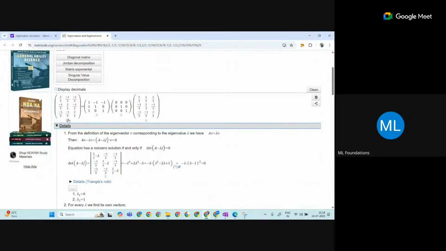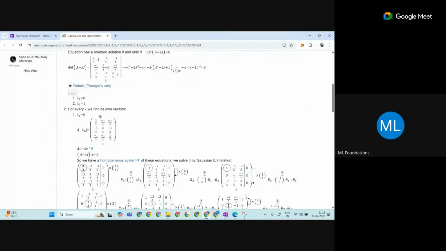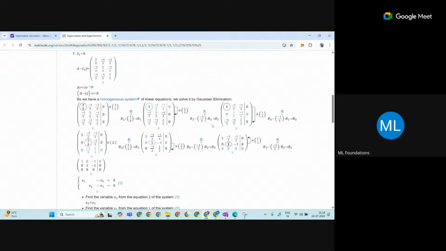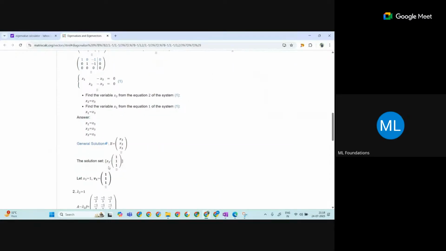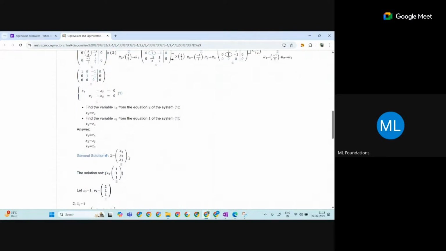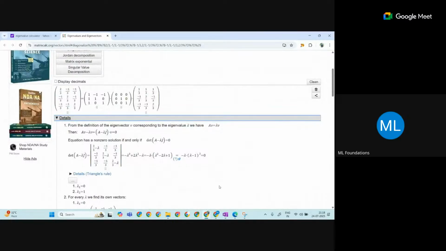If you click on the detail, you can see each step one by one. This is how you can verify yourself that you are proceeding with the correct answer or not. It is much better than ChatGPT and all. I generally verify myself by this.